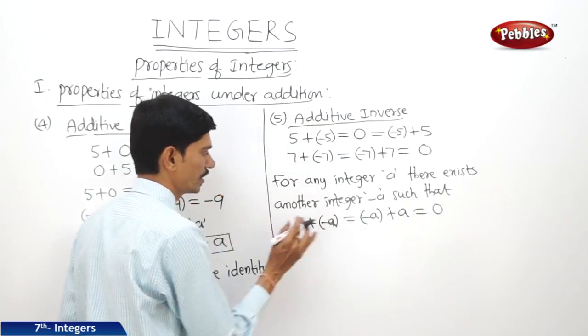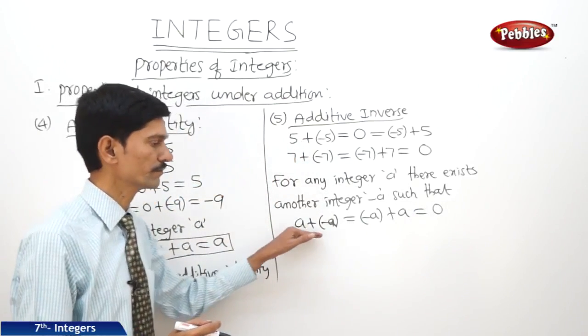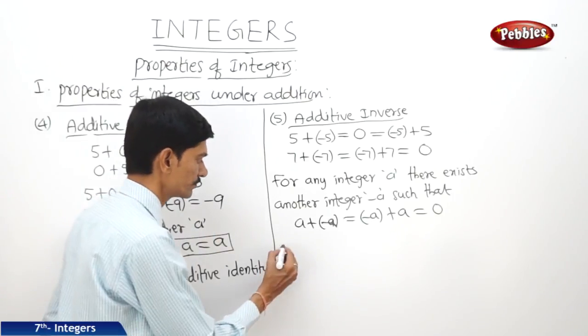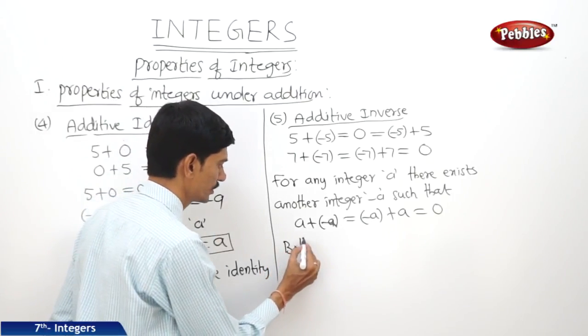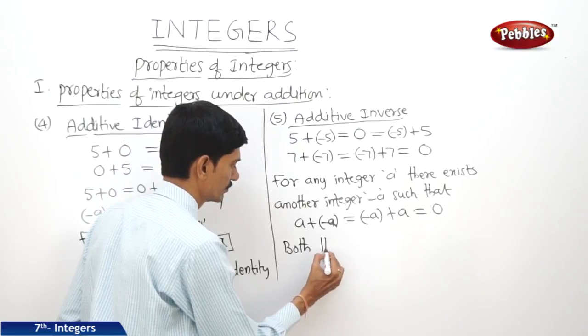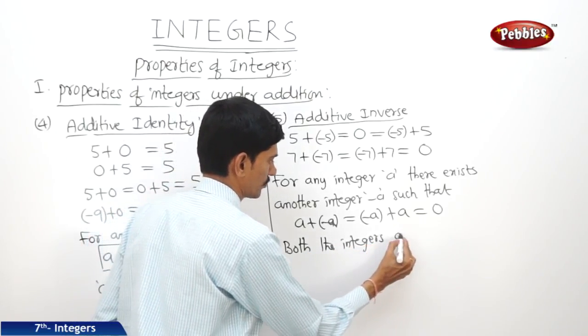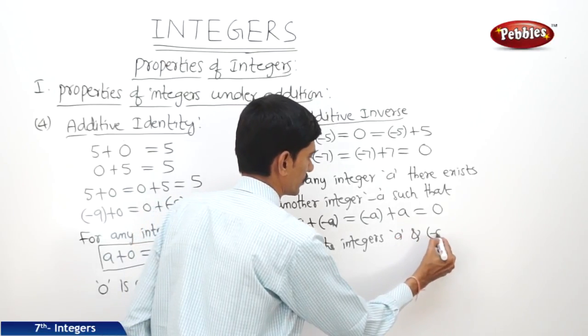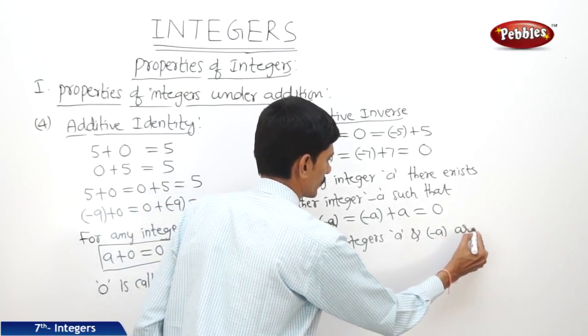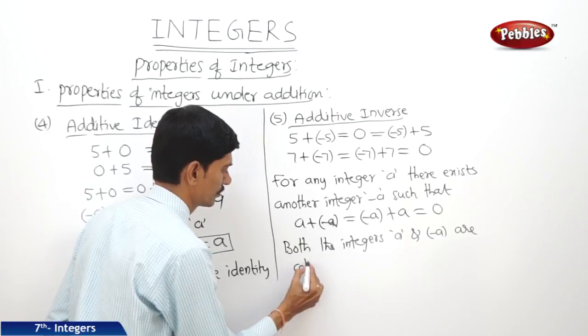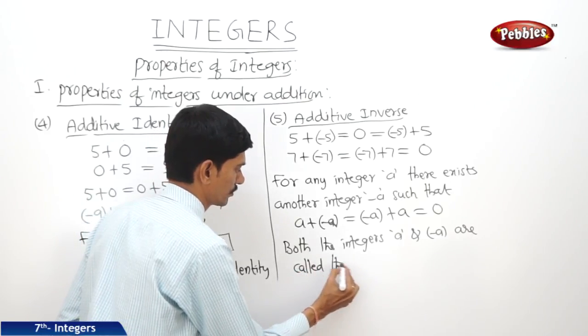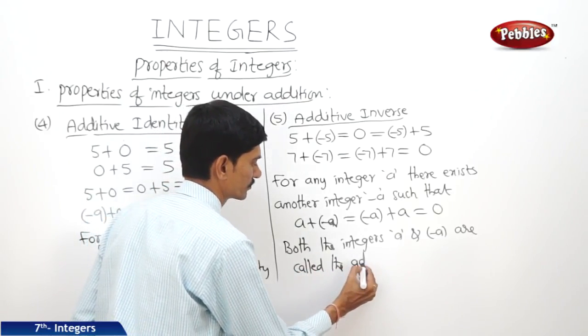So here a and minus a are called the additive inverse of each other.